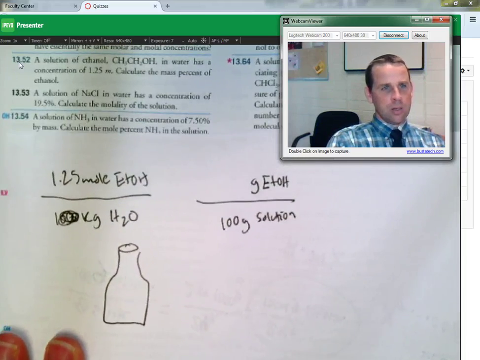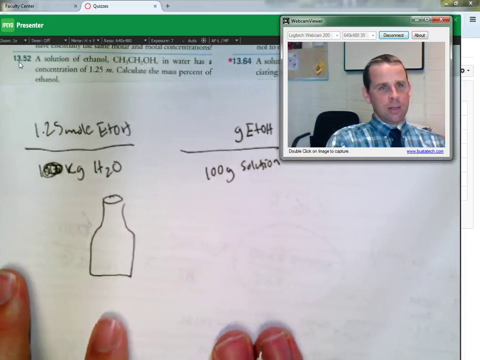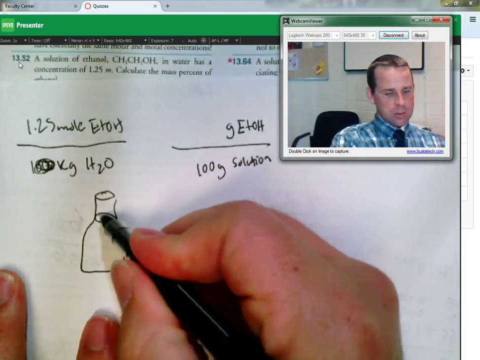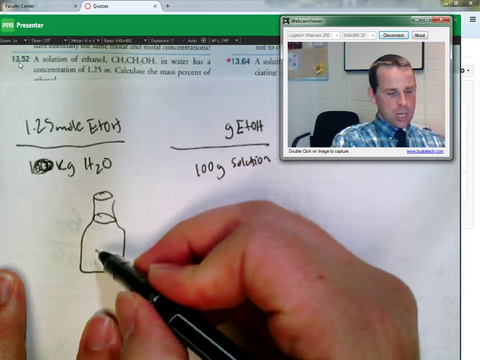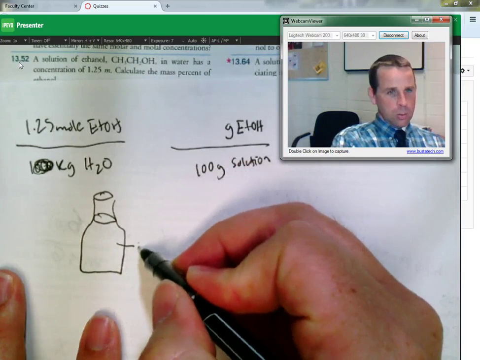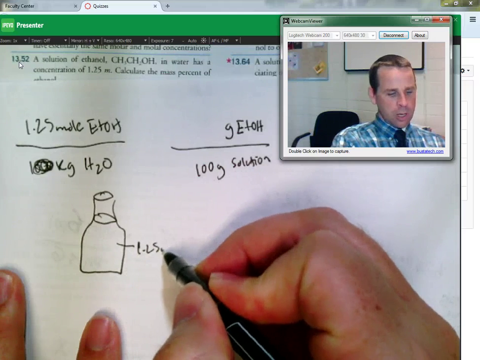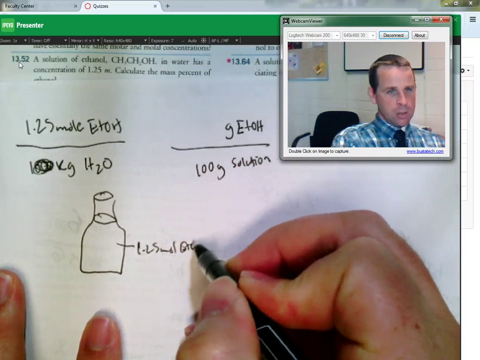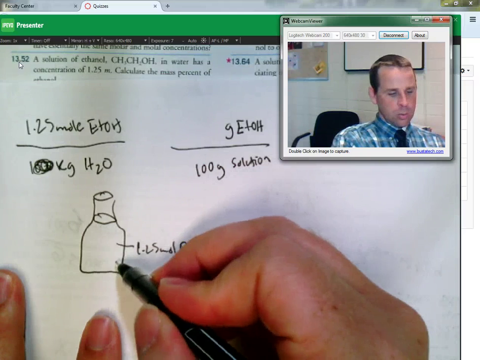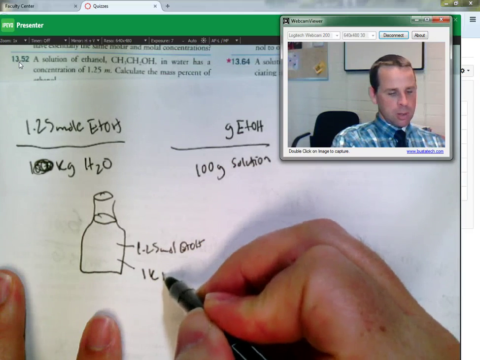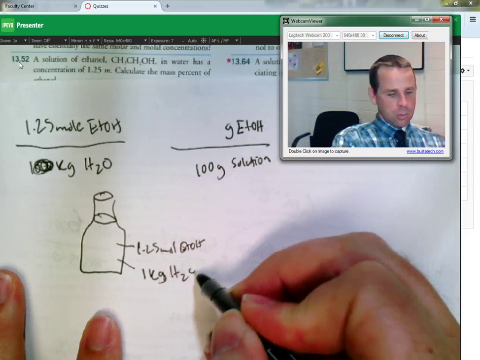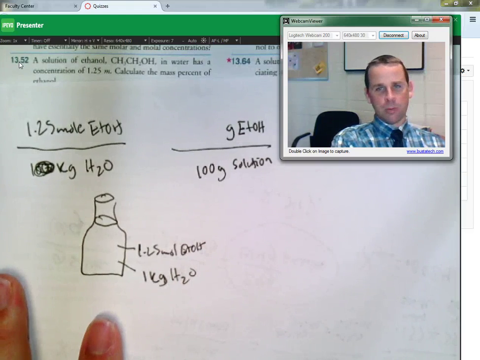In this scenario, we have a container of some solution, and it's 1.25 moles of ethanol and 1 kilogram of water, right? 1 kilogram of water.